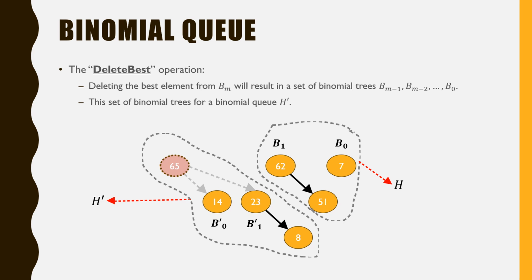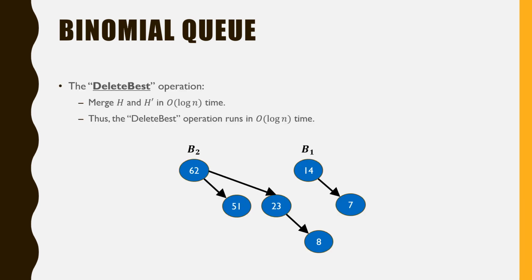Next, we merge the two binomial Qs, H and H', which takes O(log n) time to complete. Merging H and H' results in the binomial Q shown here. You can verify that all remaining data elements after deletion are included and correctly positioned within this binomial Q.